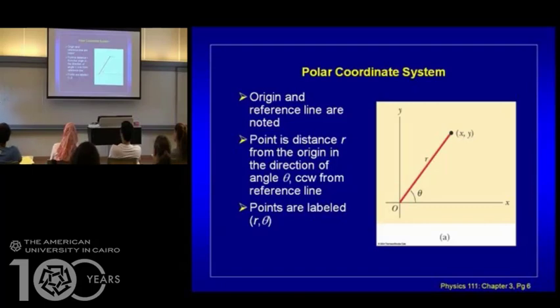Okay, the projection of that vector R on the x-axis. If you draw a perpendicular to the x-axis in here, that's the projection of R on the x-axis, or Rx. In the book or in the slide, sometimes you see me writing it as X as well.